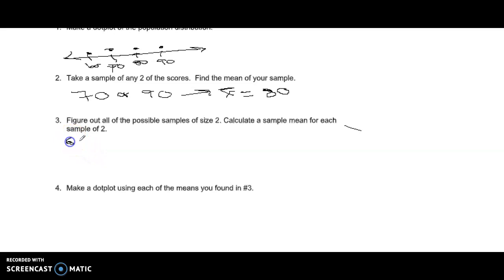So I'm going to start with the 60. So I could have a 60 and a 70, which means my mean would be 65. Then I could have a 60 and an 80, which means my mean would be 70. A 60 and a 90, which means my mean would be 150, so 75.